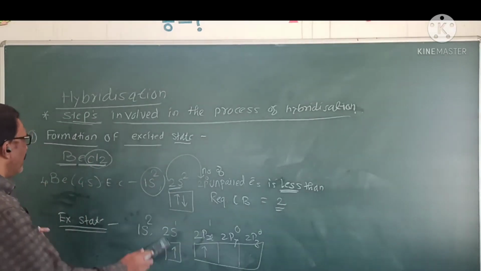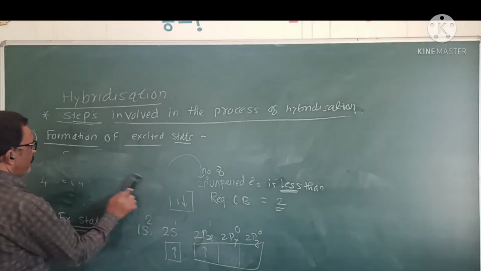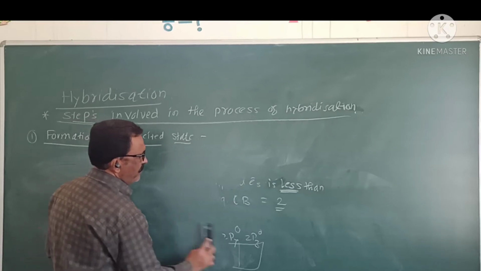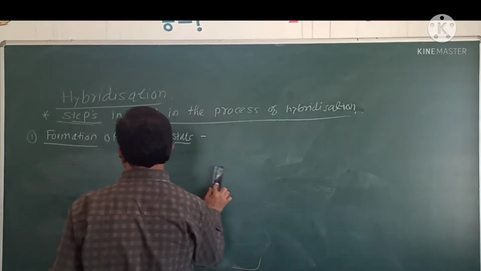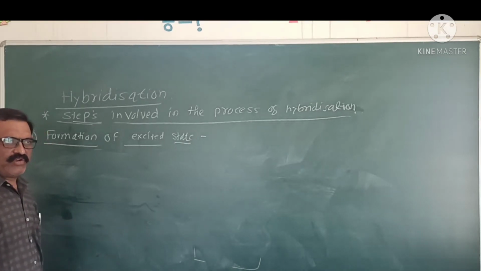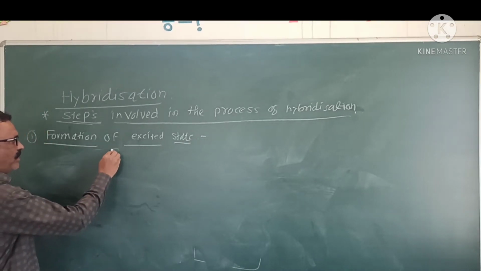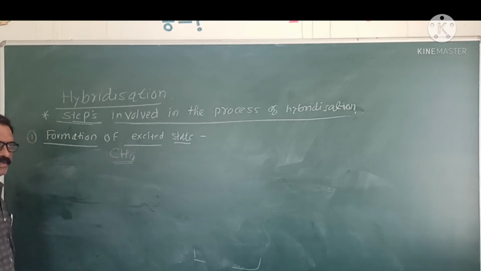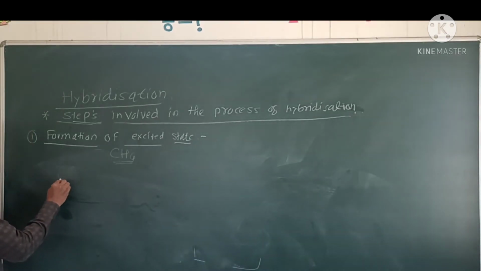With the help of another example, we can explain step number 1, the formation of excited state electronic configuration. Consider the formation of the methane molecule, CH4. Carbon is the central atom, having atomic number 6.